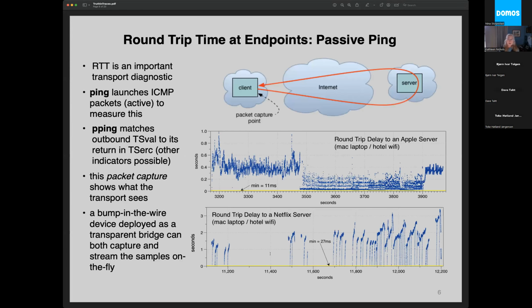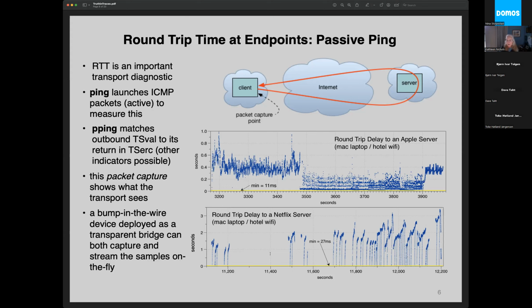So here's the first thing I'm going to bring up about doing passive measurement, and this is quite simple. Everybody's interested in round trip times when they're doing measurements. And I'm going to talk briefly about passive ping as opposed to an active ping. Everybody knows about an active ping. You launch a packet out there, you get the reply back, and you take the time that you sent it out and the time you got it back. Well, with a passive ping, you take something from the packet.